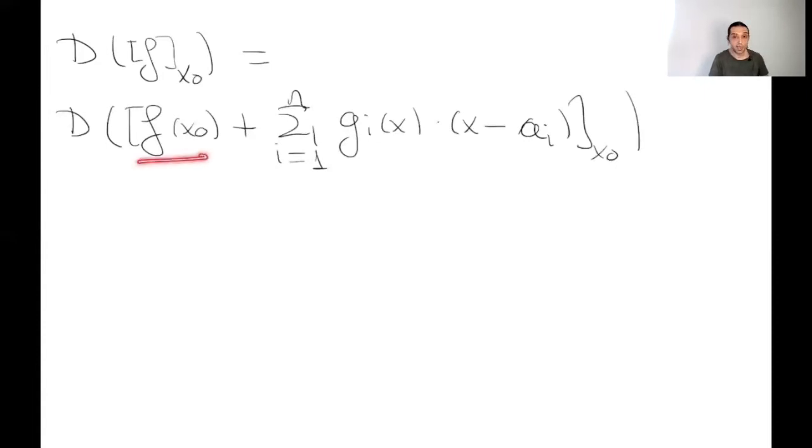Now the derivation applied to a constant function is 0. And here, for this part, we can use the Leibniz rule.